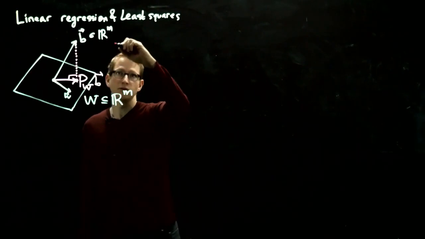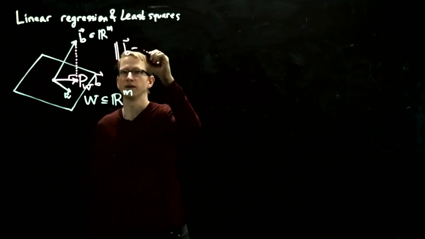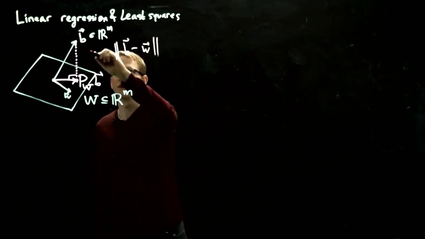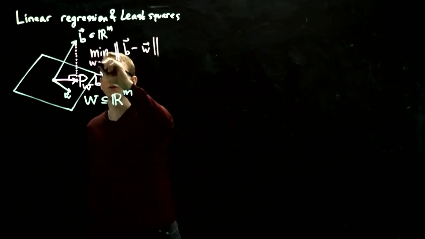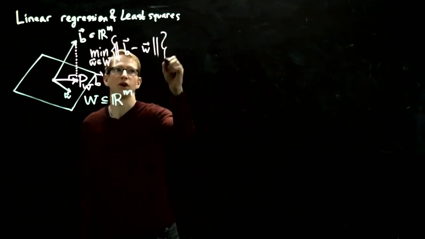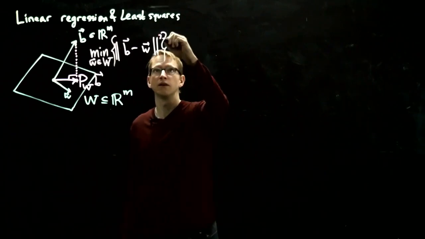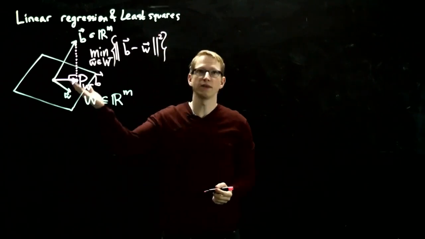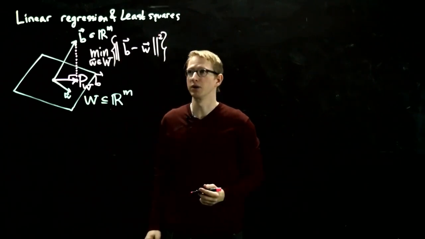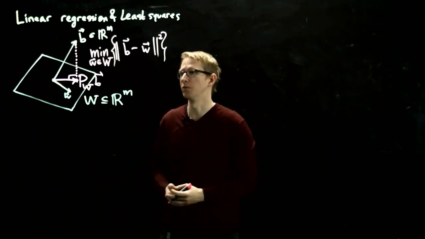And the distance that we're trying to minimize is the norm of B minus w. Minimize this over all w inside of this subspace W. Equivalently, you can minimize the square of the distances. And this is why this problem is called least squares, because we're minimizing the squares of each of the components of these differences when you add them all up.